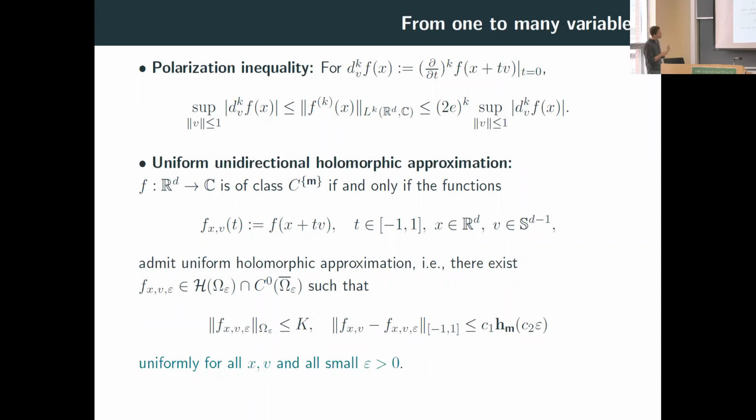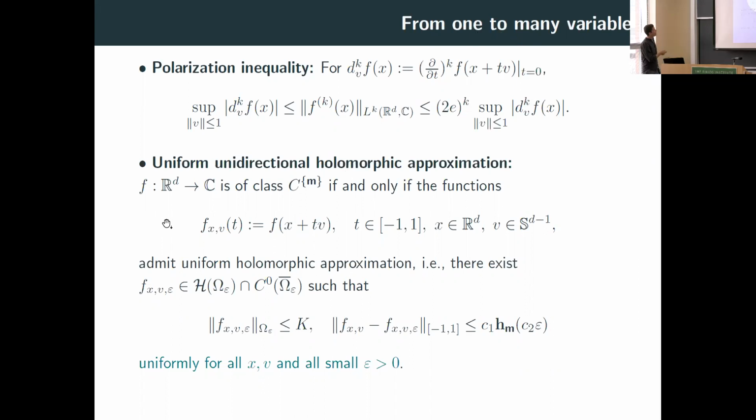If I have Fréchet derivatives, then automatically I have all information about the partial derivatives, clearly. So it's enough to study directional derivatives uniformly, and this is precisely what we do.